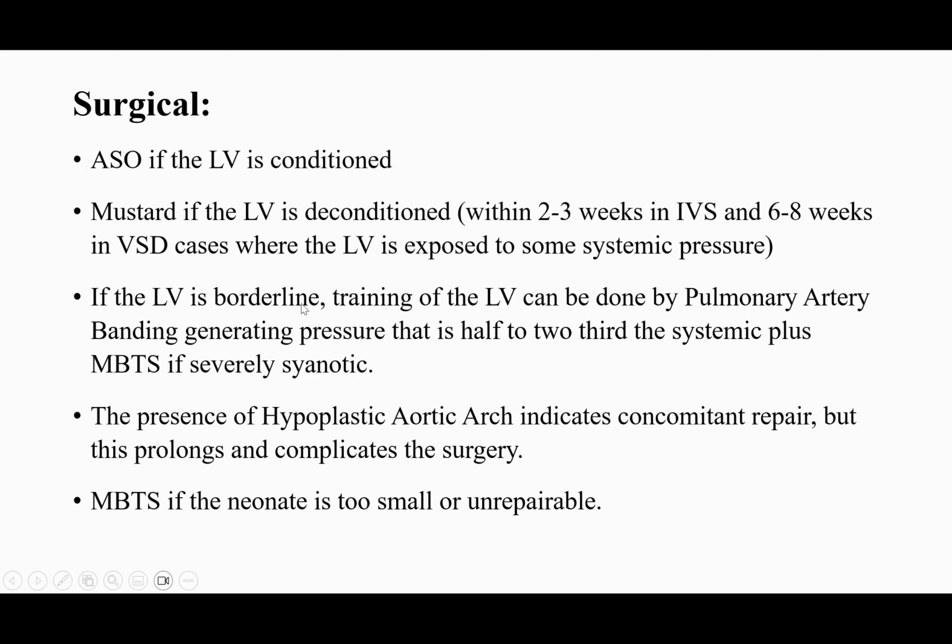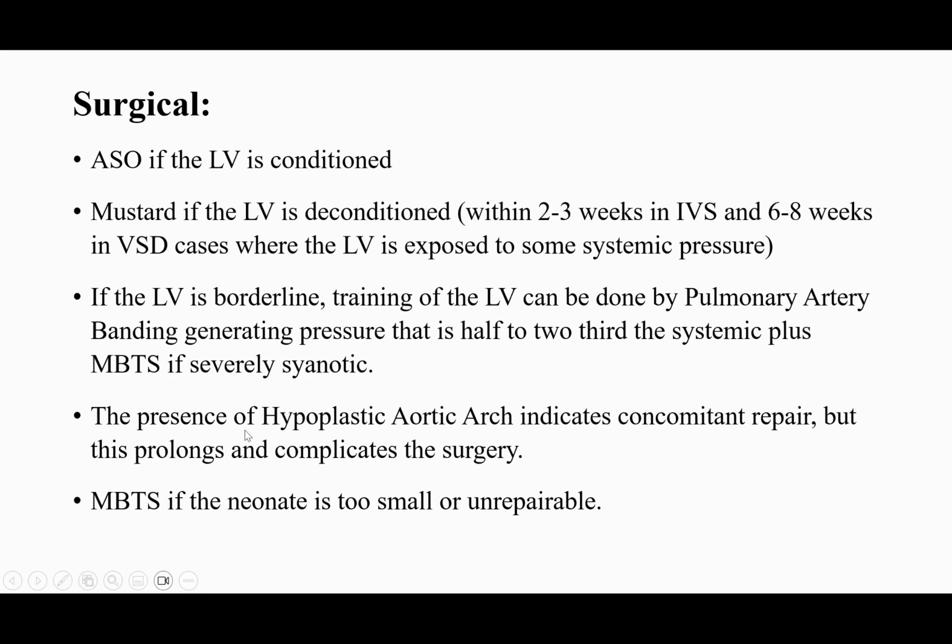So this band would increase the afterload and may train the left ventricle to become hypertrophied enough to become clearly conditioned to do an arterial switch operation. This is called the first stage and the second stage. The first stage is the pulmonary artery band and a shunt, and the second stage is an arterial switch operation.